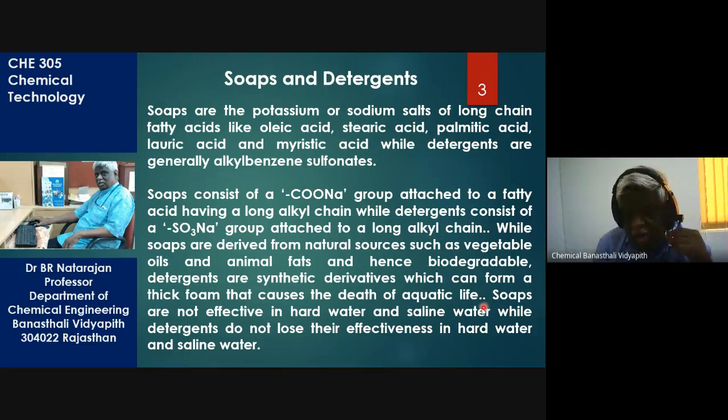Soaps are not effective in hard water and saline water, while detergents do not lose their effectiveness in hard water and saline water. So you know the difference between hard water and soft water. Soaps work very well in soft water.